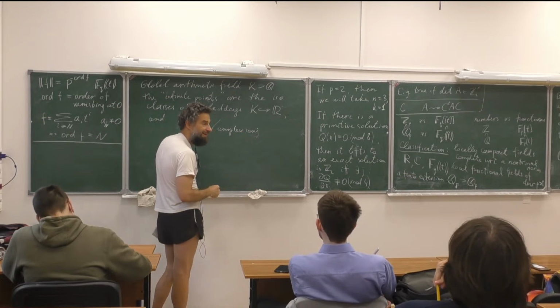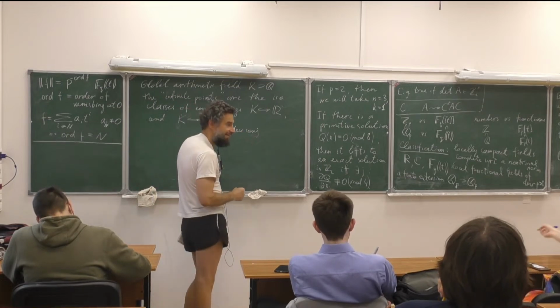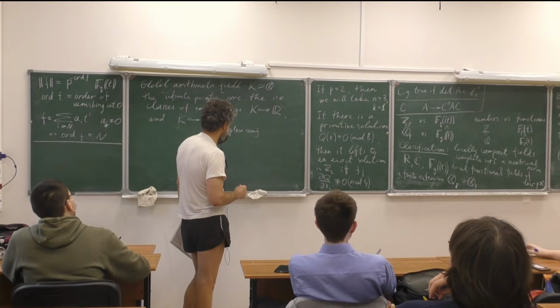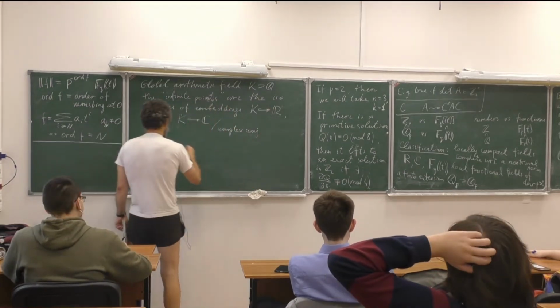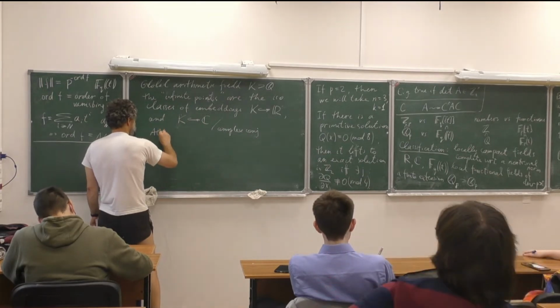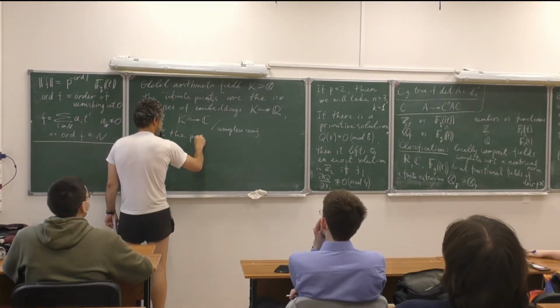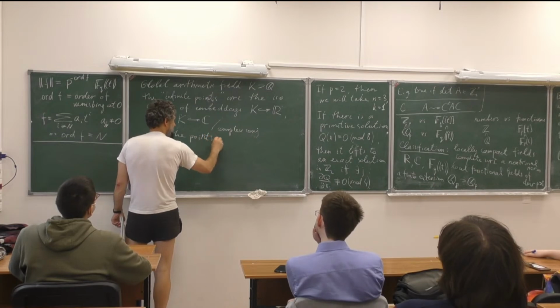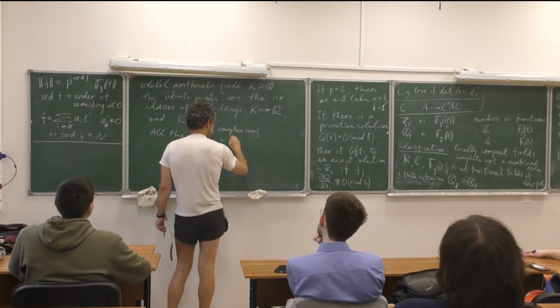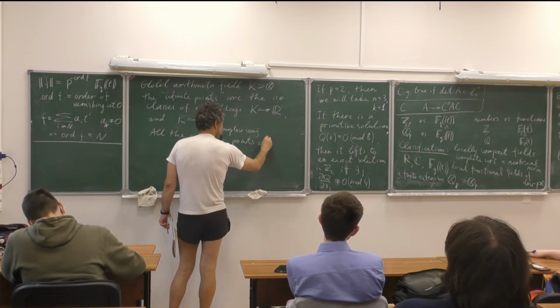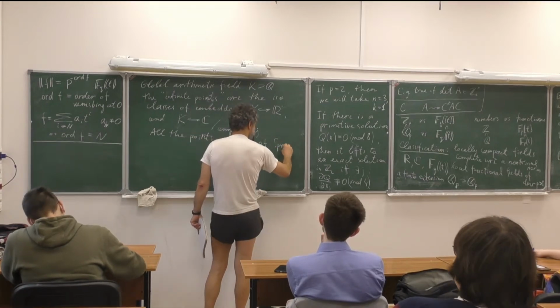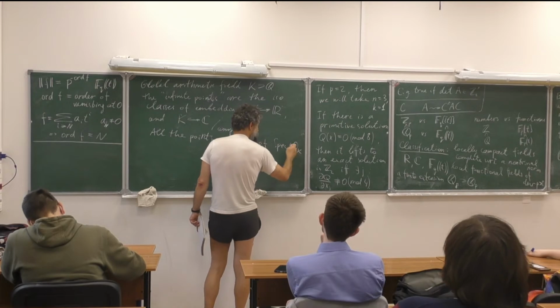So we're not talking about this ring spectrum right now. All the points are the points of the spectrum of O_K. This is the ring of integers.